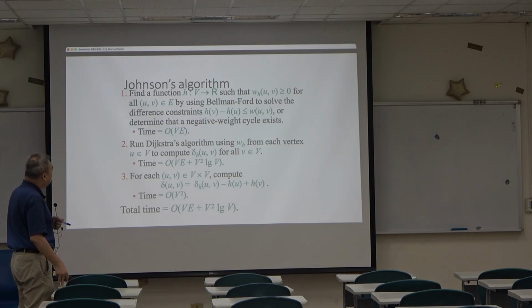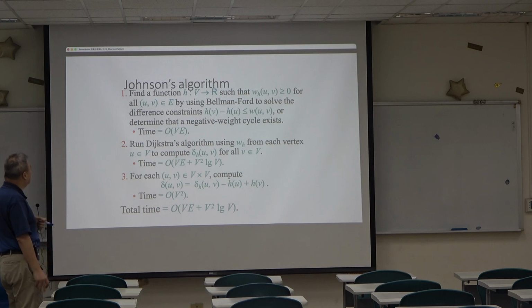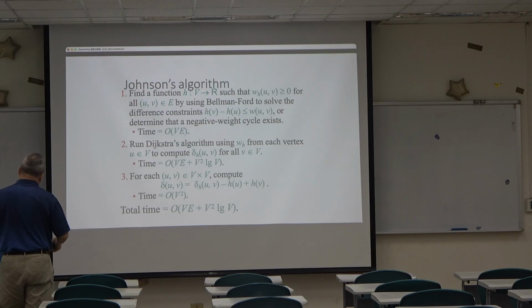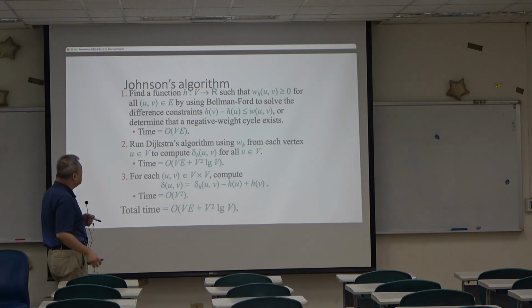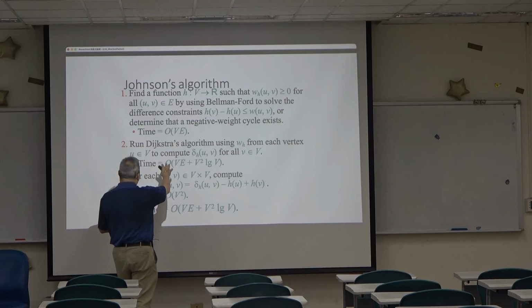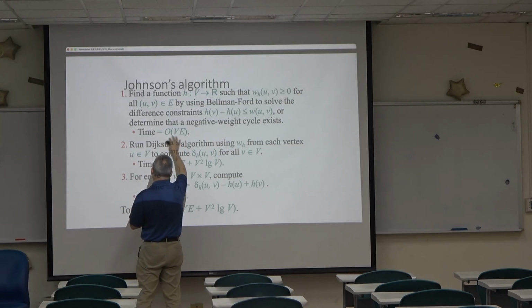We know we can use Bellman-Ford to solve this set of difference constraints. We need to call Bellman-Ford one time to find such an assignment, so the time complexity is big O of VE.